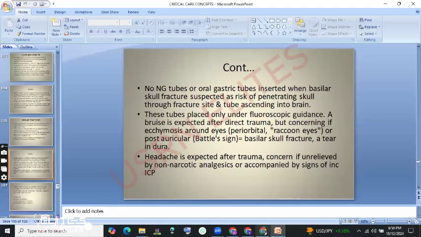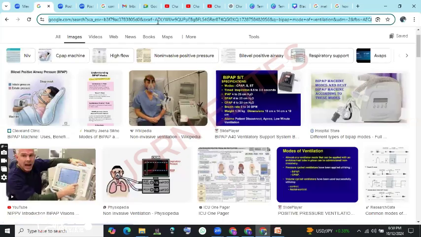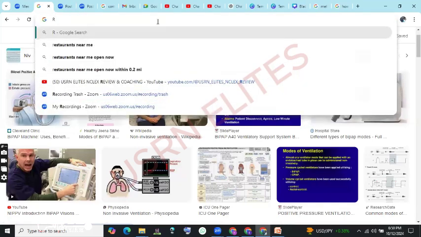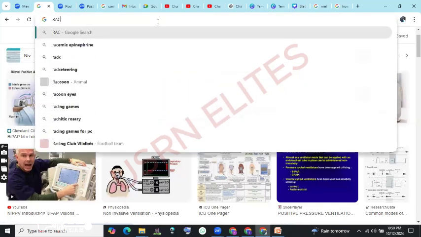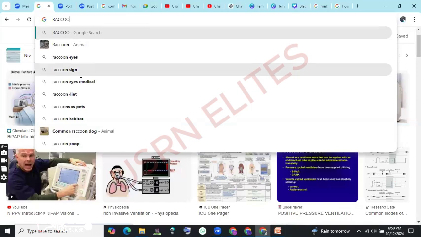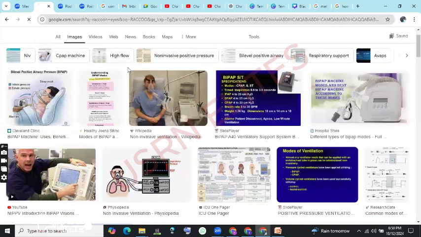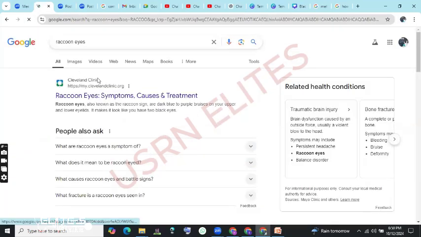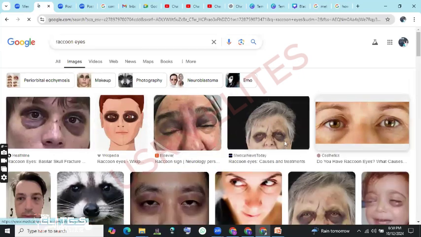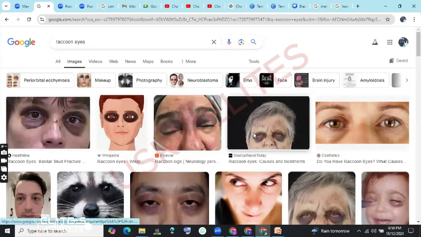I don't know whether in a picture or a diagram, this is how you see it. Raccoon eyes. Look at how raccoon eyes is. So you see these patients with bleeding around the periorbital area. The eyes look like a raccoon, that bird. I think raccoon is a bird, right?